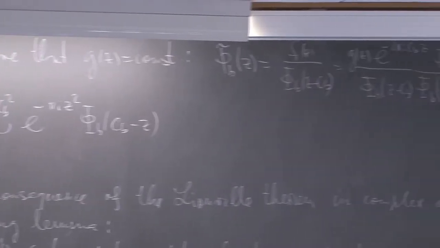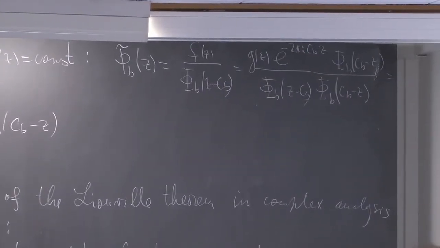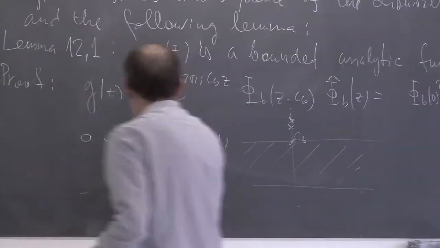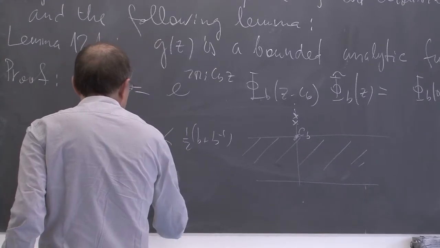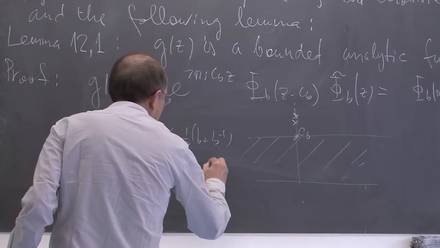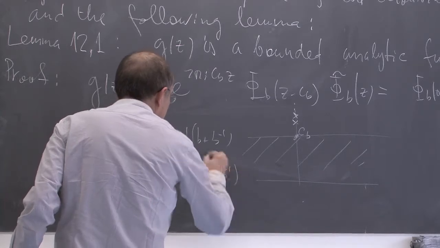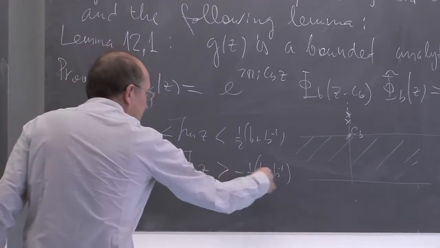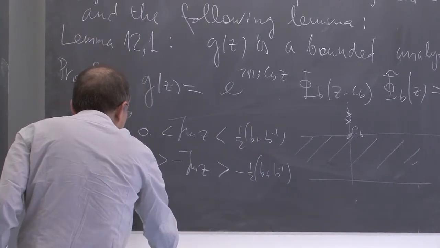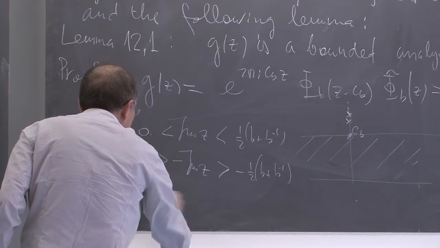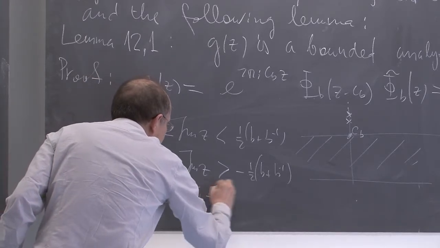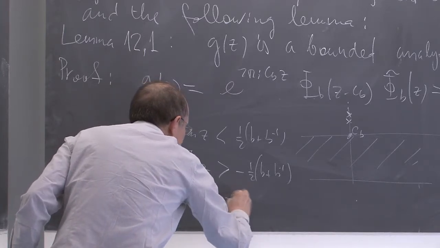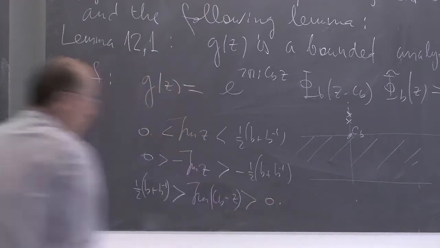And so this formula tells us that, you see, cb minus z, the imaginary part, so minus imaginary part of z is bigger than minus one half b plus b inverse, less than 0. And when I add this quantity, one half b plus b inverse is bigger than the imaginary part of cb minus z, bigger than 0.